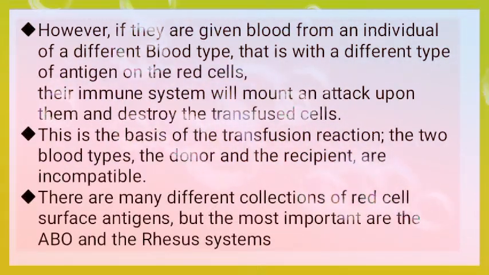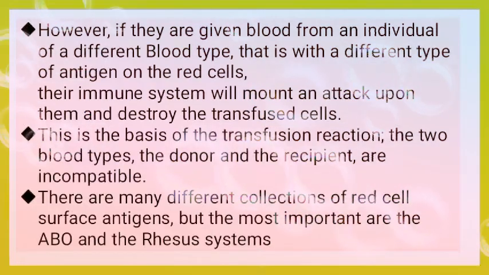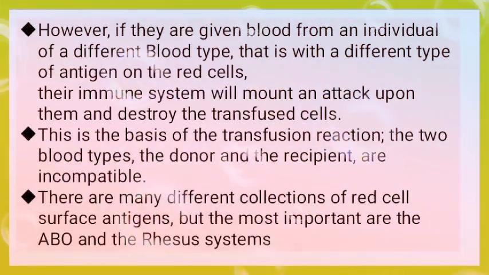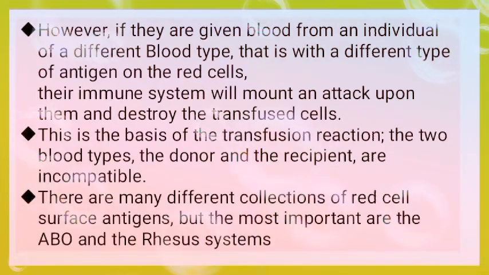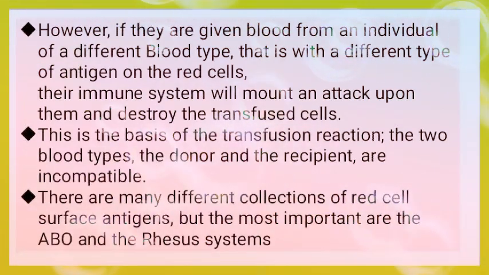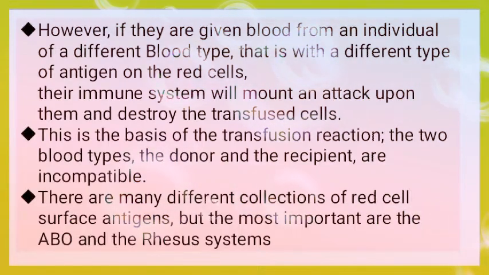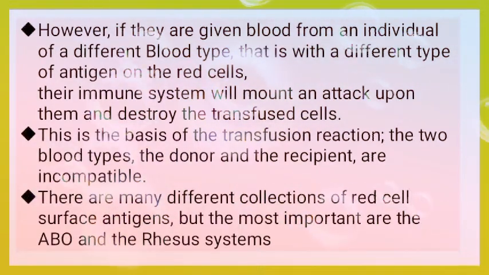But if given a different blood group, the person is going to react to it, because the immune system is going to mount that as a foreign body. Hence, it is going to attack and destroy those blood cells that have been introduced into this patient's body.